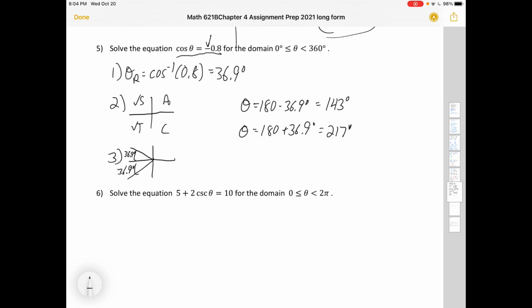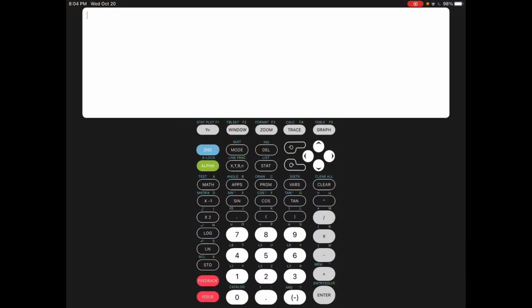I think one thing worth mentioning here is that you can check when you have your calculator. I can check, like, if I put in that 143, will it really give me negative 0.8 like it's supposed to? And I'll go to a calculator here. I'm on a TI-84 emulator called Calculate 84, which is free, and I'd highly recommend if you're looking for an iPad or iPhone compatible calculator.